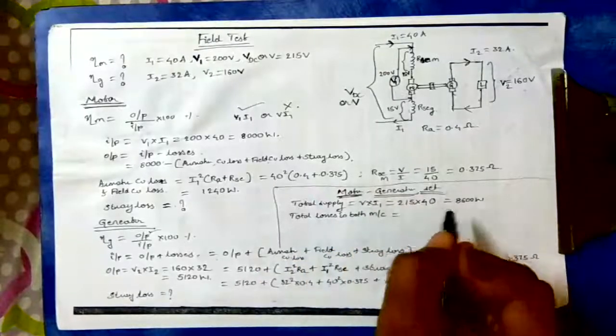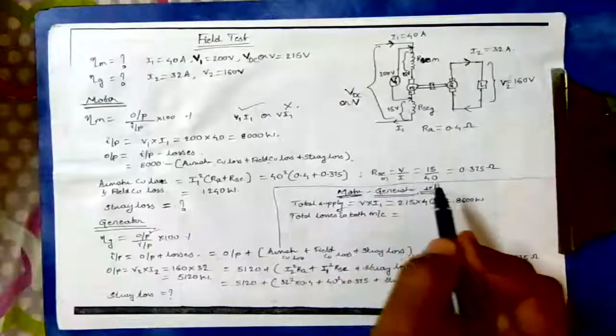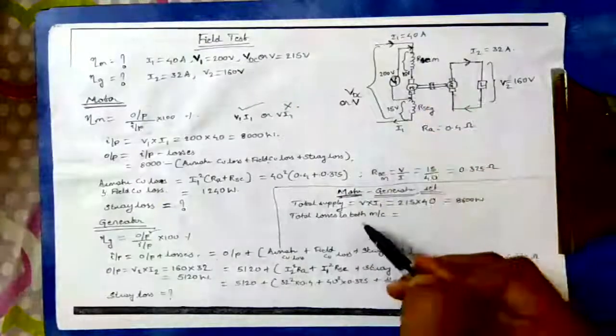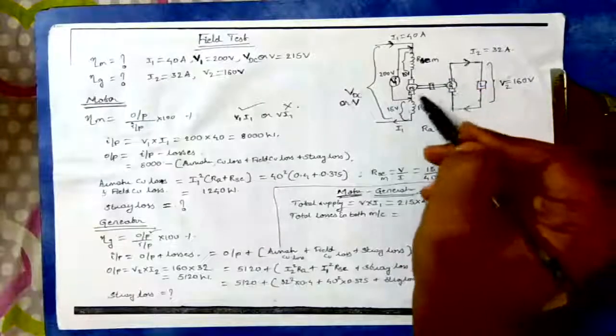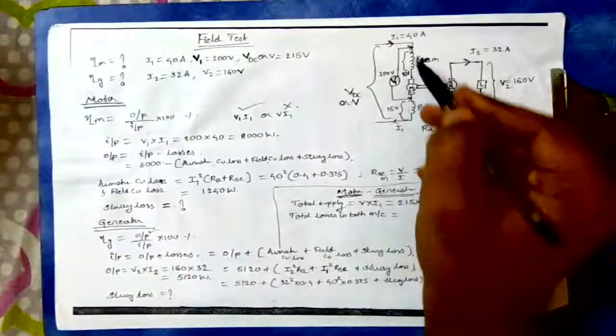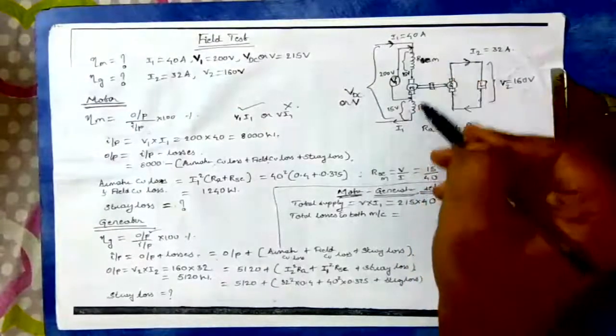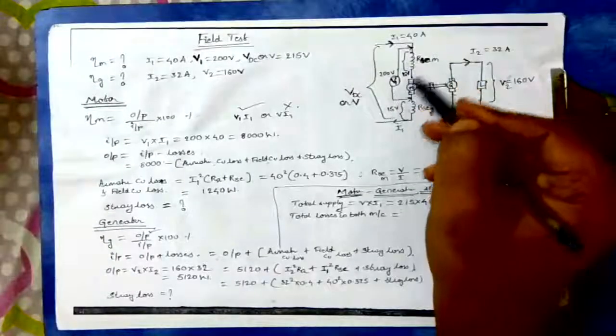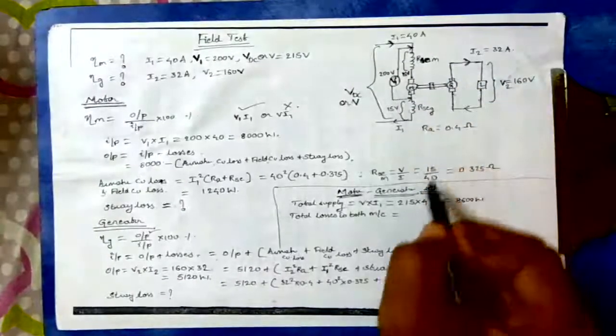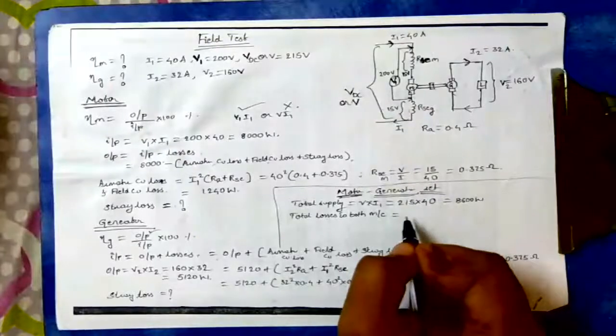Why will the total stray loss be the same? Because both machines are of the same rating, and in both field windings of motor and generator the same current flows, so they are equally excited. If they are equally excited, they have the same stray losses.